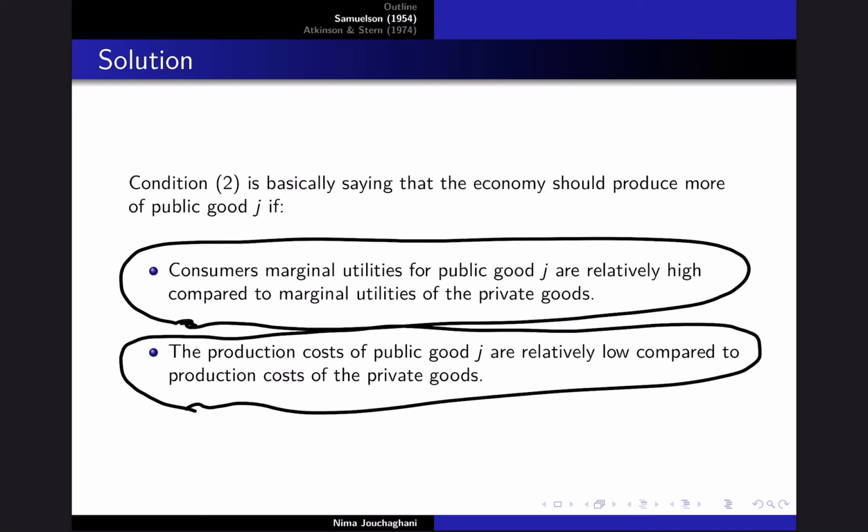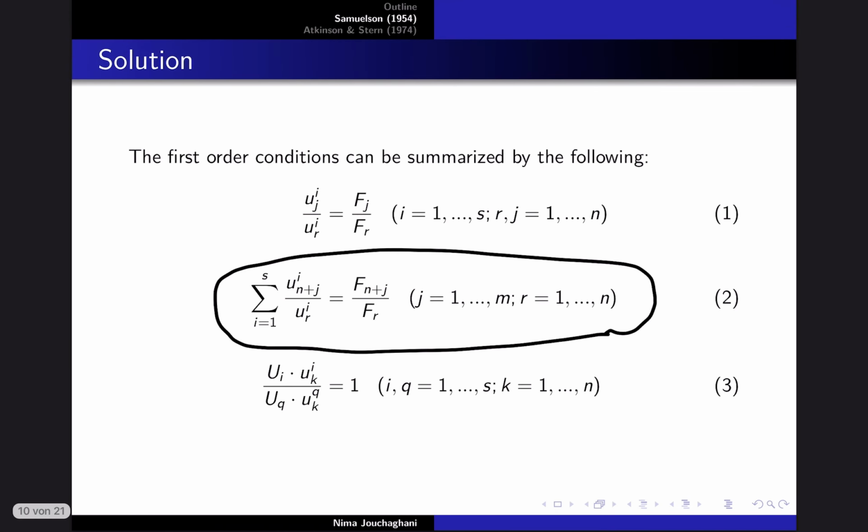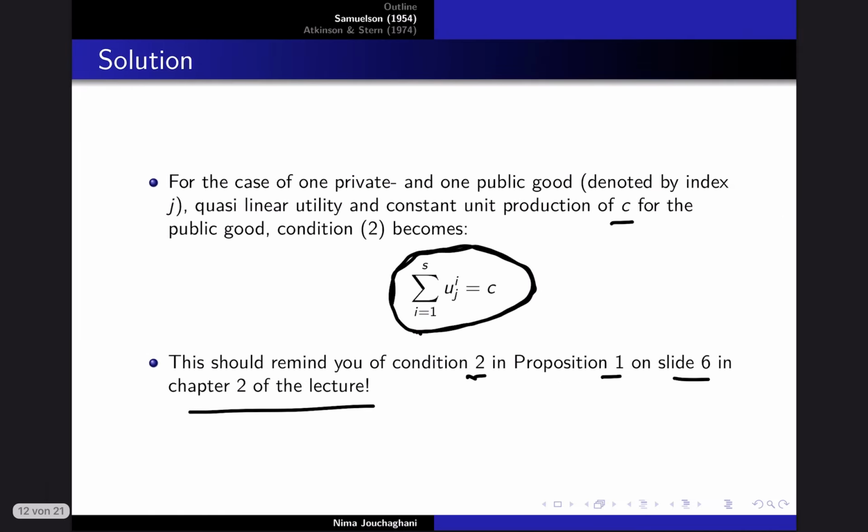It basically says that if we can produce the public good in a cheap way relative to the private goods, we should increase its output. This is reflected in condition 2 on this slide in a more complicated way, but that's the basic intuition.